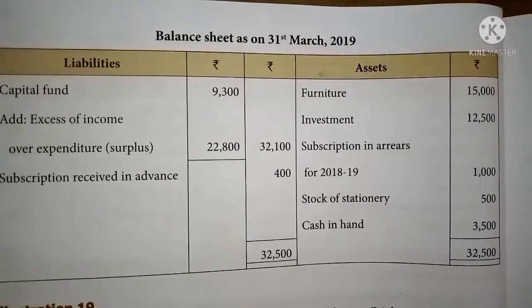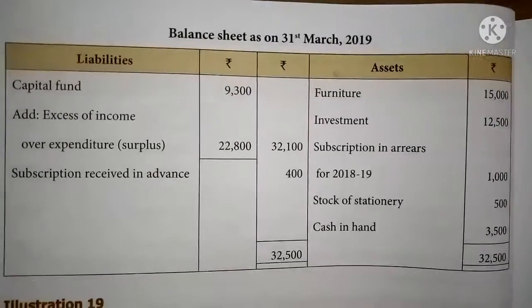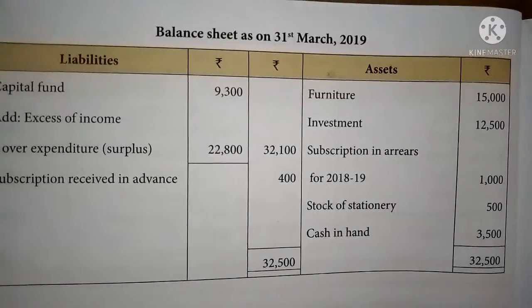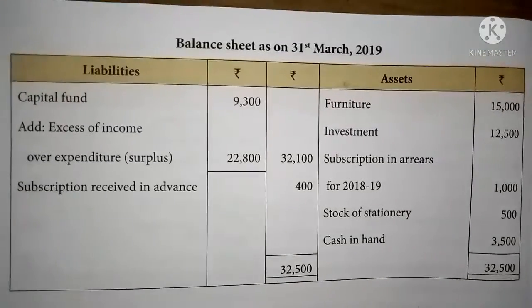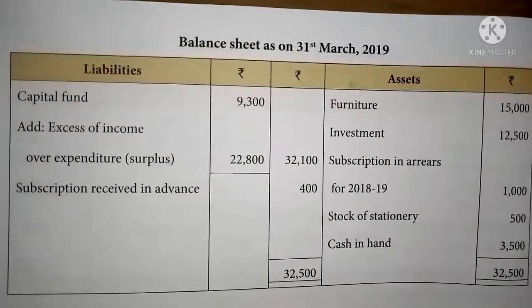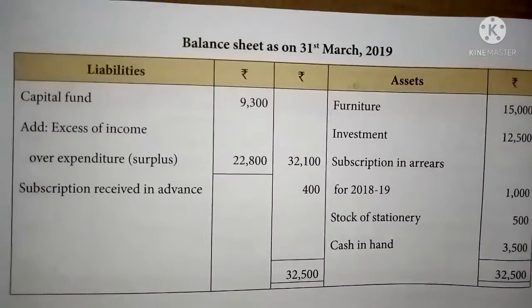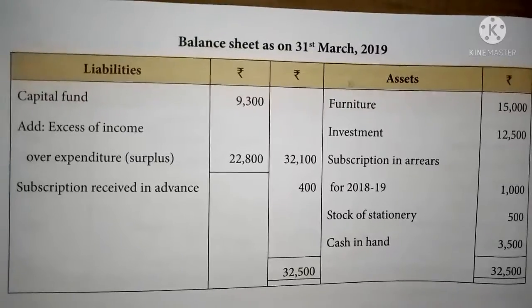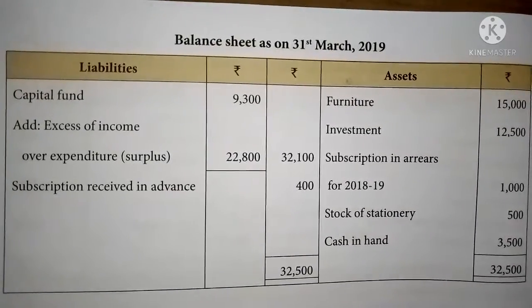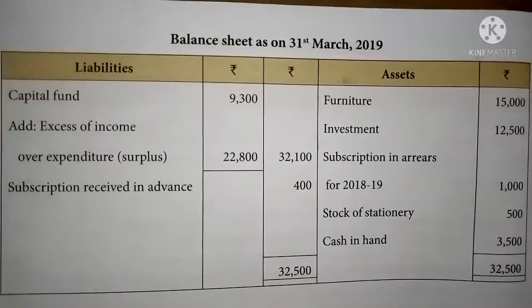Cash in hand from the receipt and payment account, closing balance of cash is 3,500. Then on the liability side, first take the capital fund 9,300, given in the adjustment. Add surplus 22,800. The total amount is 32,100.